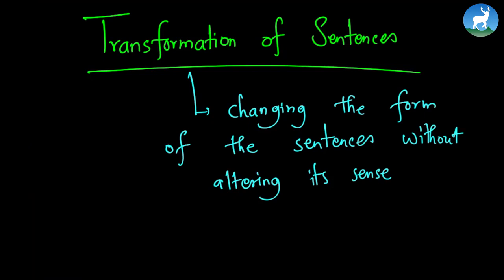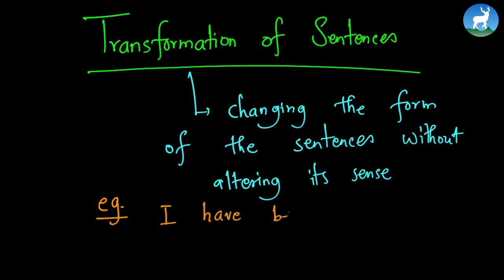So we can know how to say the same thing in different ways without changing the inherent meaning of the sentences. That's why we need to know how to change sentences from one form to another without altering its sense.